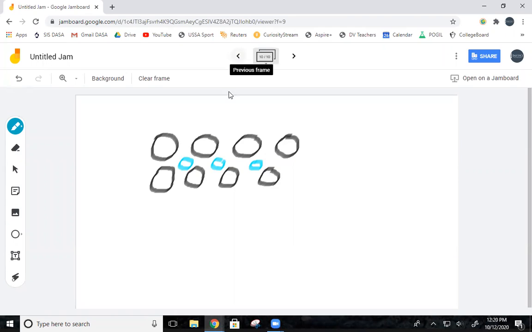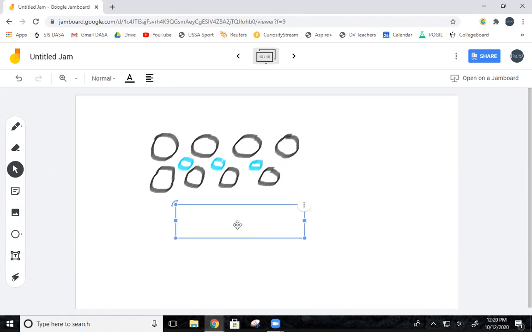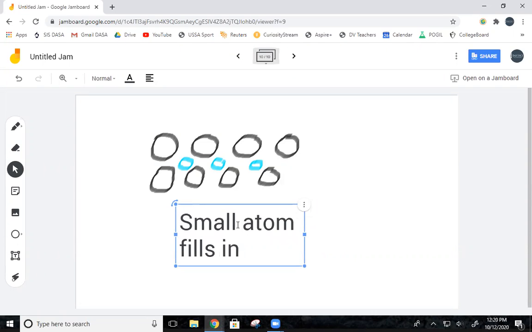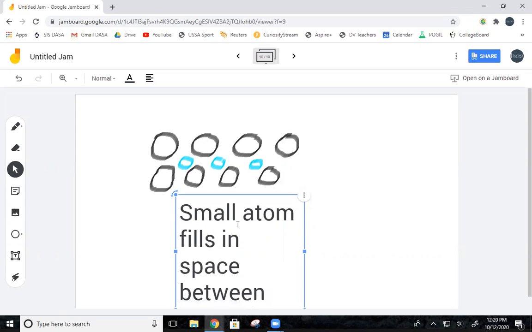So an interstitial alloy is where the small atom fills in the space between the larger atoms. And that is a huge simplification.